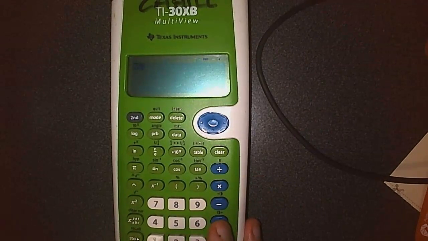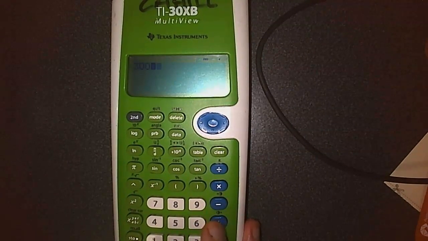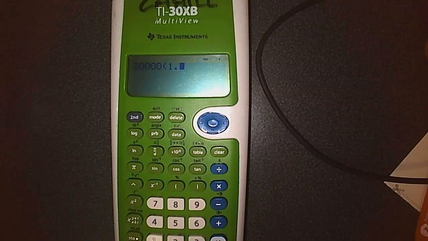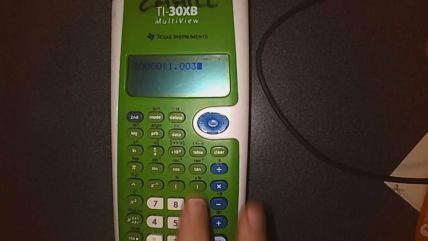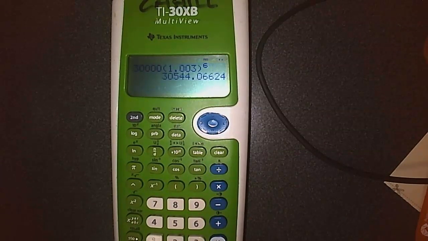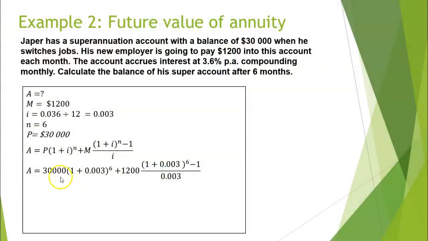So 30,123 times by 1.003 to the power of 6 equals $30,544.07. So that's going to be the value of this.